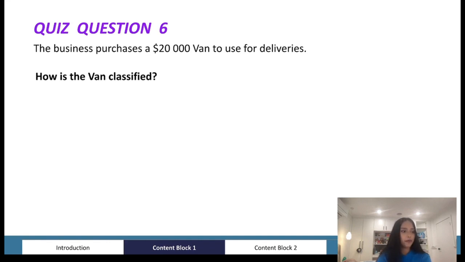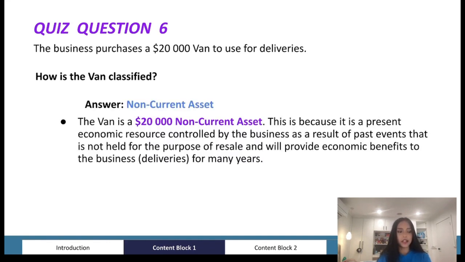Okay, so the correct answer is it's a non-current asset because it's an asset that the business will use for more than 12 months. And again, term, definition, and linking it back to the question by stating the specific amount.